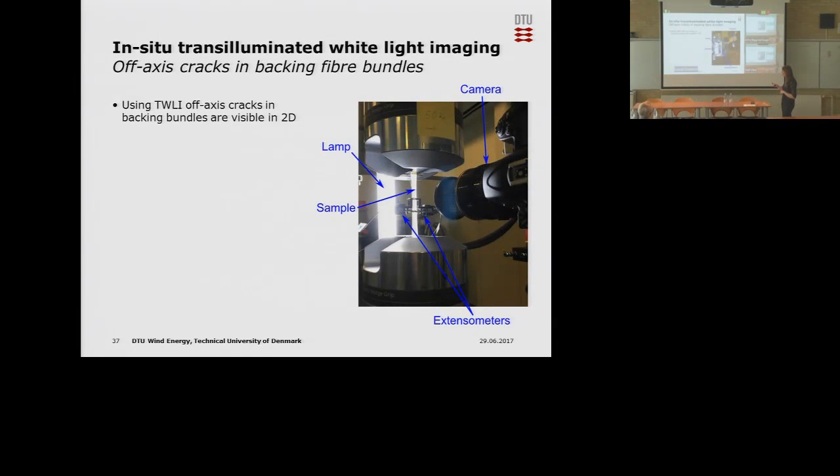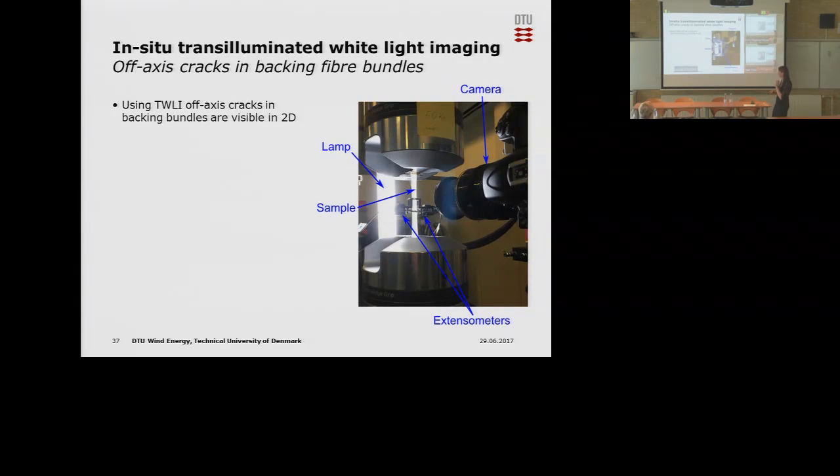And now this shows this transilluminated white light imaging technique, with a high resolution camera and light. The images are captured during the fatigue test, while it's actually fatigue testing, at the max load at some chosen points during the test.